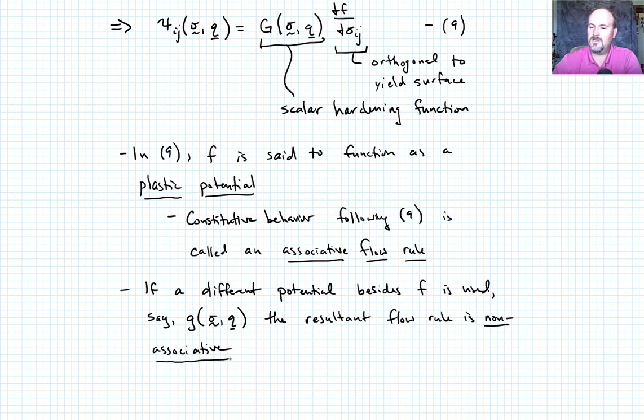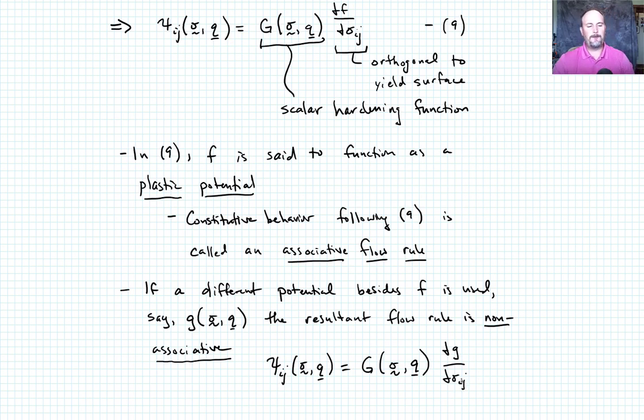In general, in this class, we're going to work with associative flow rules. In the case where we had non-associative, we would write psi ij, again a function of sigma and q, is equal to g, still the same scalar hardening function, but now it's the partial of g, some function besides the yield function, with respect to sigma ij.